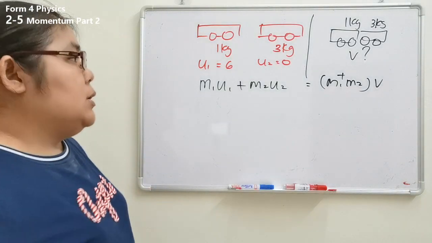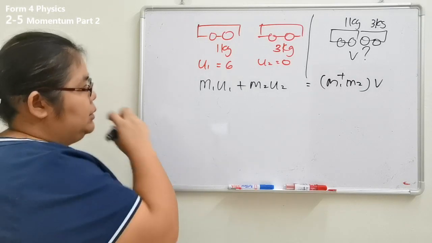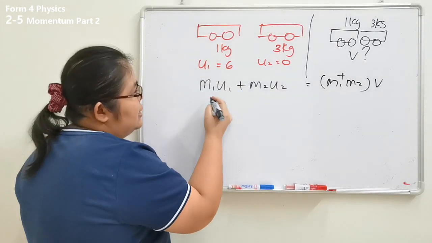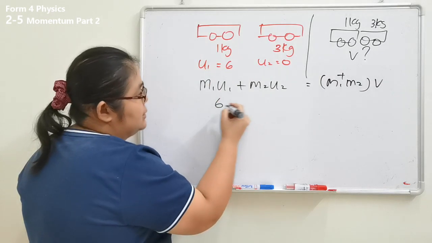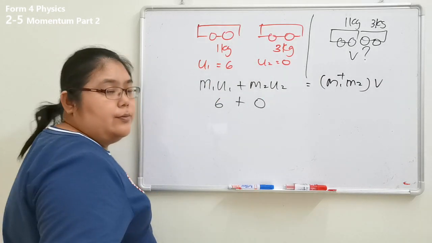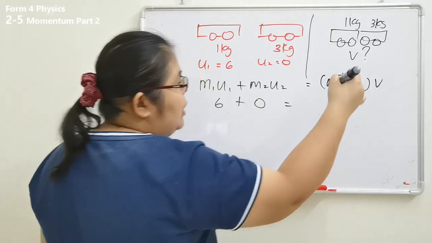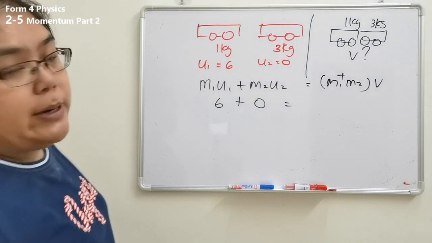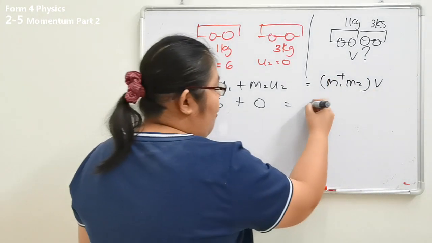Now we do the calculation. This is 6 multiply 1, 6 plus 0, equals m1 plus m2, so 1 kg plus 3 kg becomes 4.